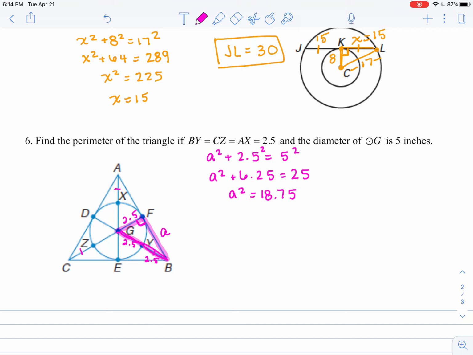When you square root both sides, and I'm just going to round to the nearest tenth, A should be 4.3. If A is 4.3, the entire side of this triangle has to be double that length. So one entire side of the triangle should be 8.6 inches.